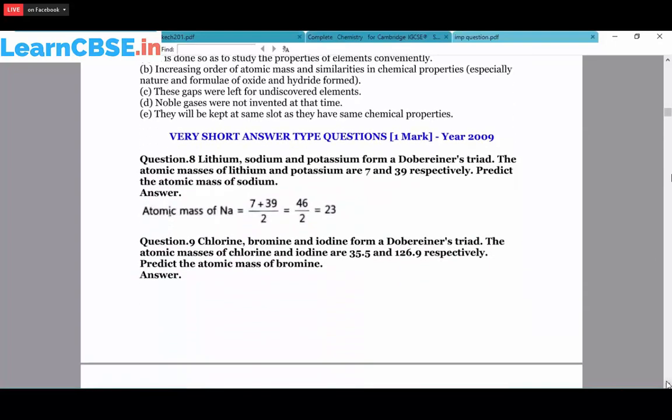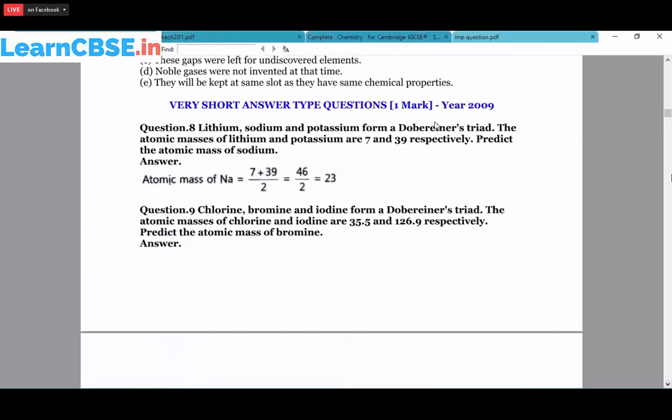Okay, next one. These are all the questions from the year 2009. The first question: lithium, sodium, and potassium form a Dobereiner's triad. The atomic masses of lithium and potassium are 7 and 39 respectively. Predict the atomic mass of sodium.